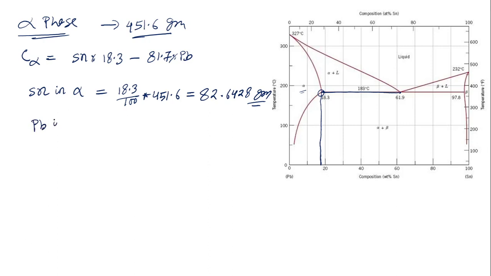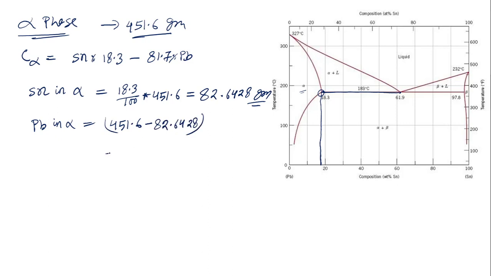Similarly, Pb in alpha. I have total alpha 451.6. In this total alpha, if I subtract the Sn, the remaining will be my lead, Pb. So let's subtract this, 82.6428.